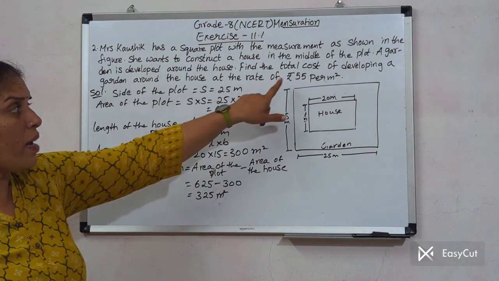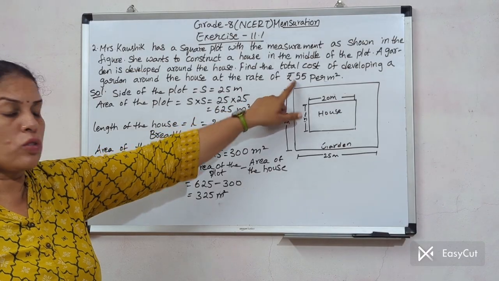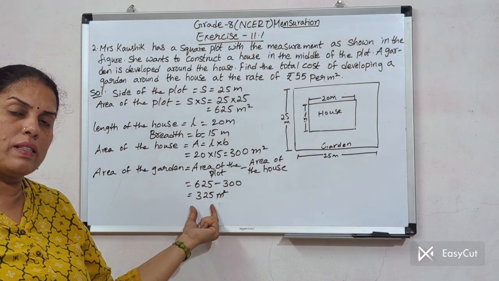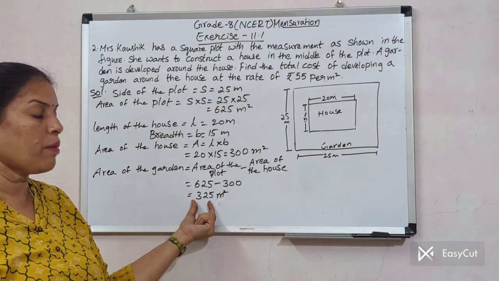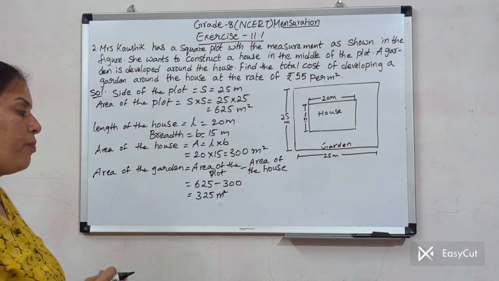Okay, 1 square meter is 55 rupees. So for 325 square meters, what should we do? We must multiply 325 into 55.